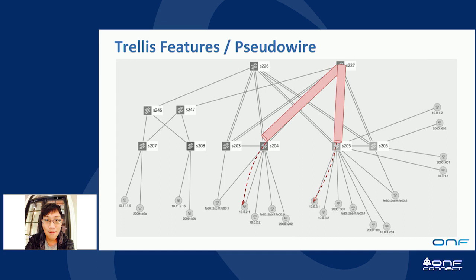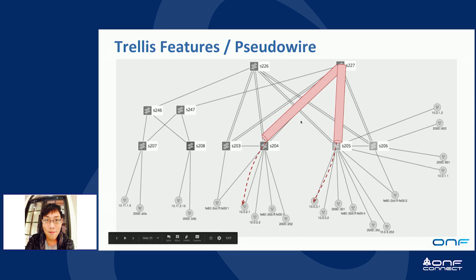The way we implement Pseudowire is using MPLS encapsulation. So we put the entire L2 frame into an MPLS packet, and then use the same MPLS routing technologies to route it through the spine and down to a leaf.